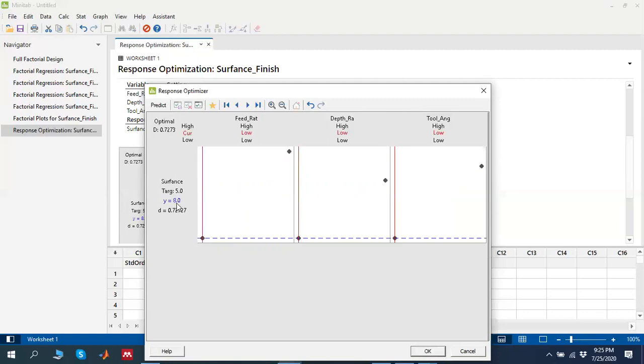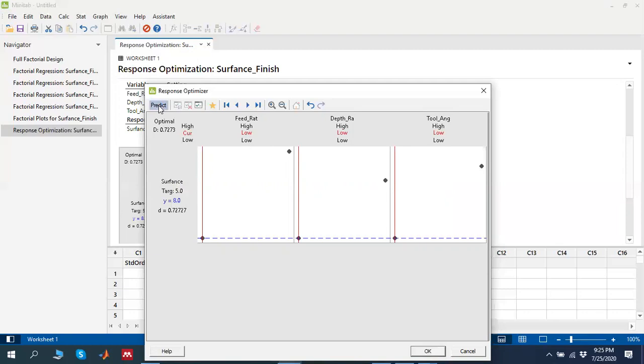So this is the best optimum answer. And how are you getting this? If you set the feed rate low, depth rate low, and tool angle low, then you would get a surface finish of 8. That is the optimum answer. If you want to reduce it, then try different levels.